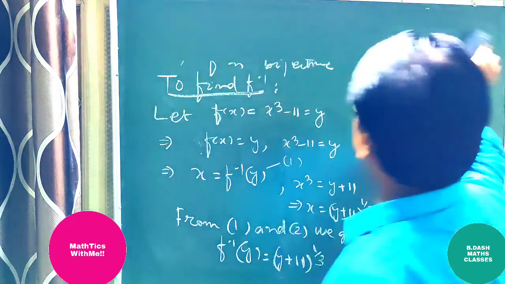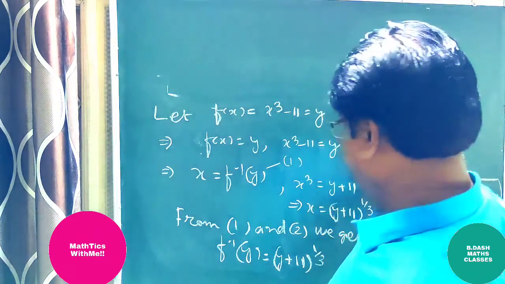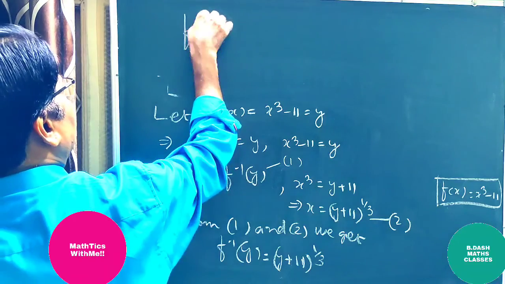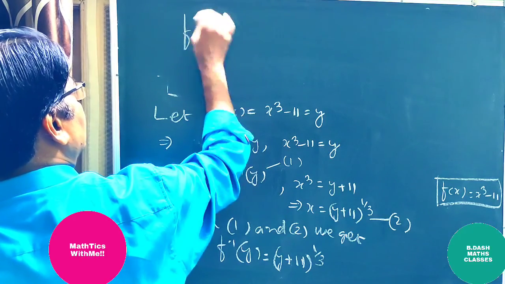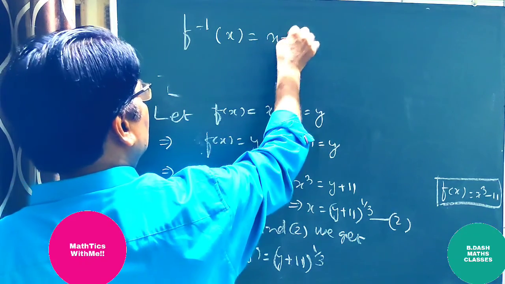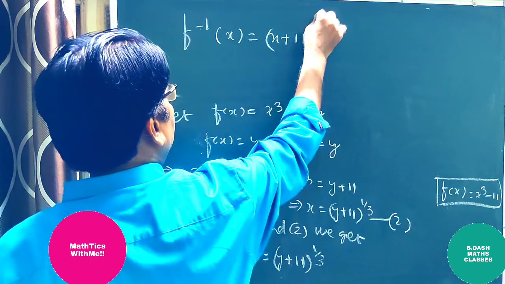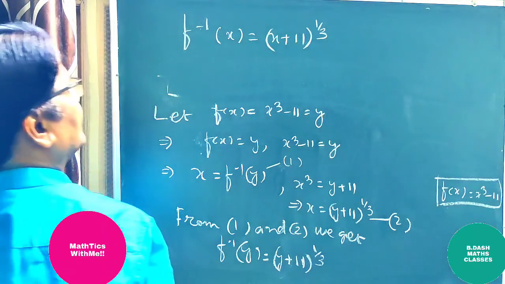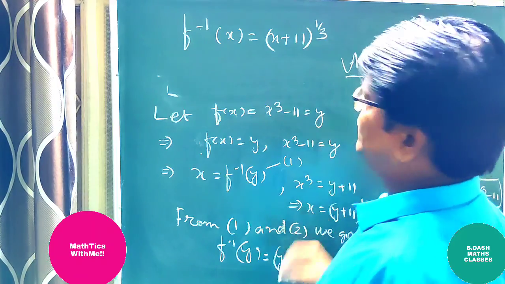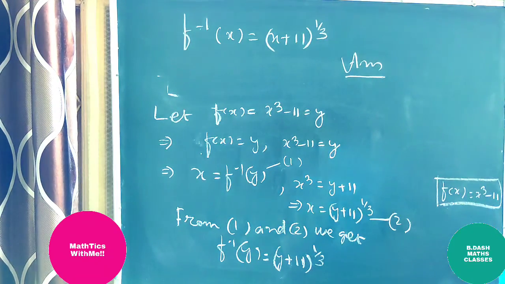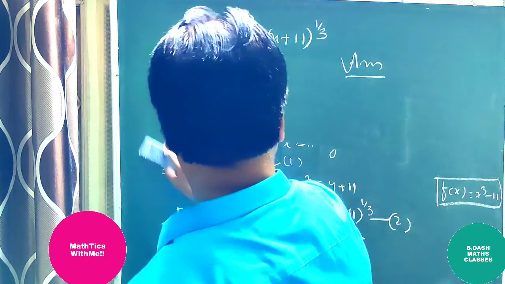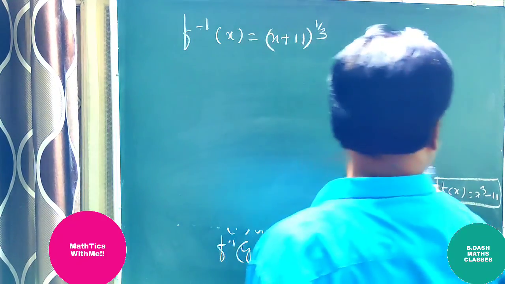Or we can write, replacing y by x, f inverse x is equal to (x plus 11) to the power 1 by 3, which is the required inverse. So our first problem is completed. Now let us proceed to solve the second one.